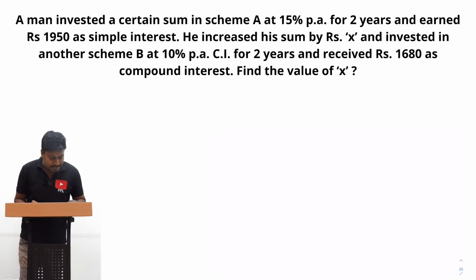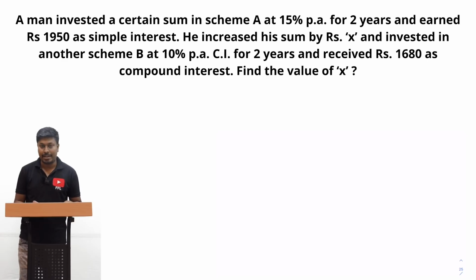A man invested a certain sum in scheme A at 15% per annum for 2 years and earned 1950 as simple interest. He increased his sum by rupees X and invested in another scheme B at 10% per annum compound interest for 2 years and received 1680 as compound interest.